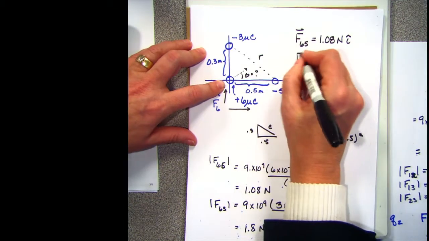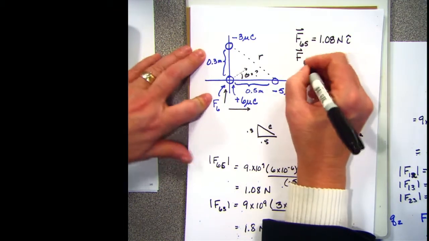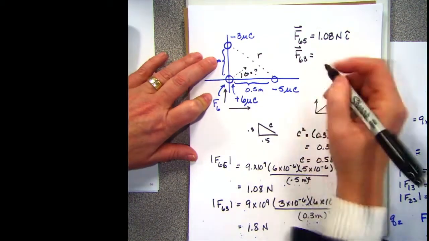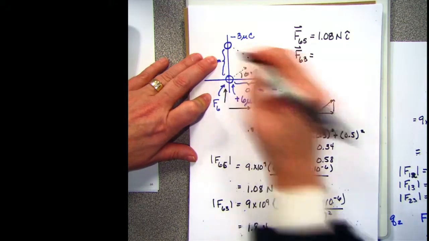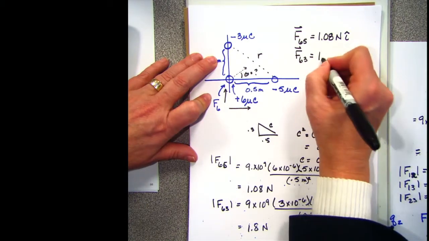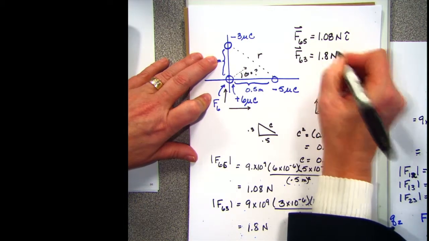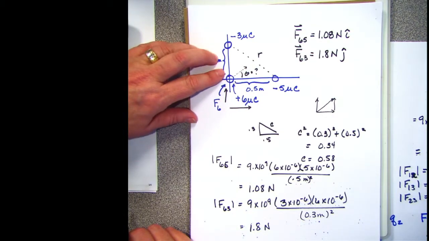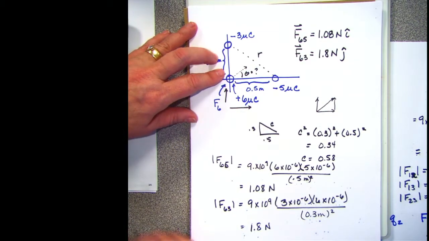Now my vector for the other one, my vector for the 6, 3, it's an attractive force. It's only in the Y direction, so I get 1.8 newtons in the J direction. Again, it's an attractive force, so both of these are going to be positive.